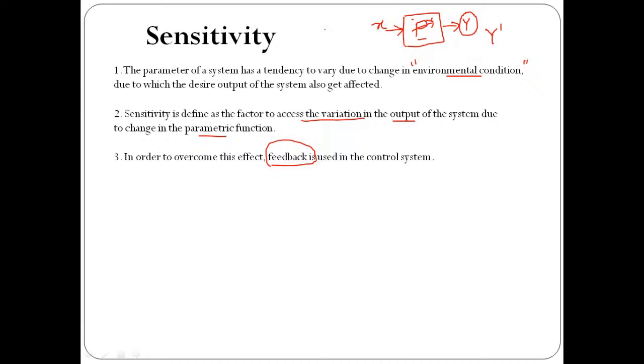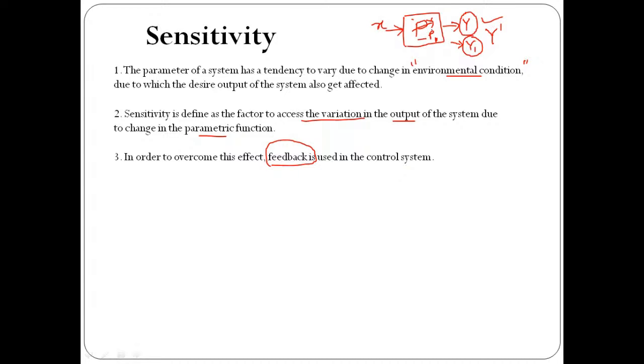For example, if we design a system to generate y output when it is excited by input x. Now, due to some reason, suppose the system parameter varies, and instead of having p, the value is now say p1. So corresponding to this p1, the system is going to generate some output which will be y1, which is undesirable because we designed this particular system for providing output y.